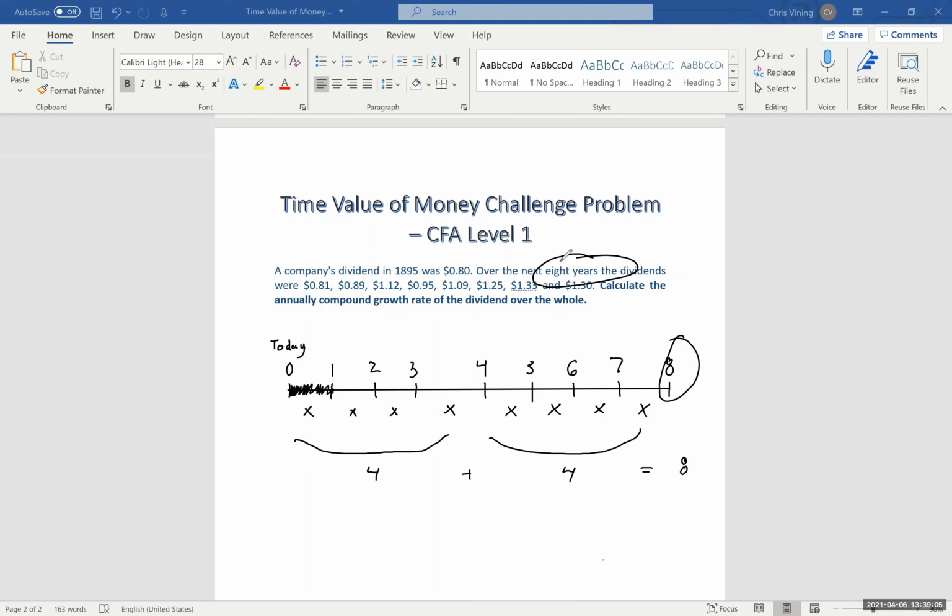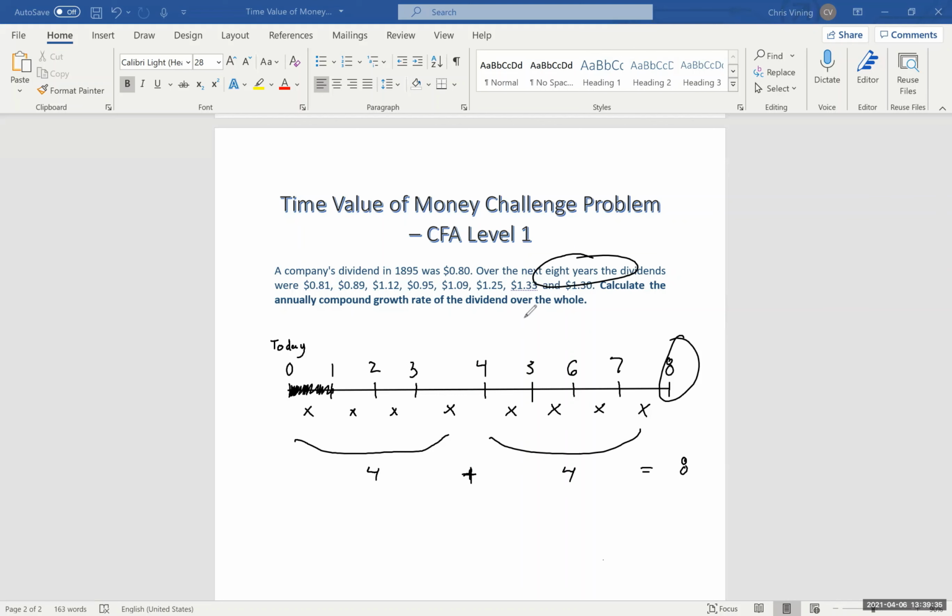Some candidates might throw an extra year in there, or they might not count the 0. Basically, people are overthinking things. As candidates, you're not sure what you should be focused in on. But if you're ever in doubt, practice making timelines. This may not be great for test day because it's a little time consuming, but it will help you know for sure while you're practicing that you are using the correct amount of periods.